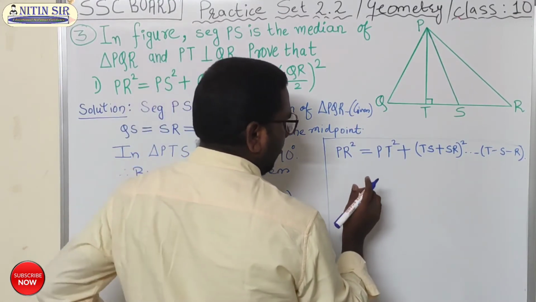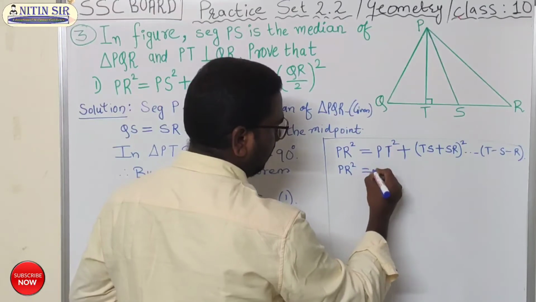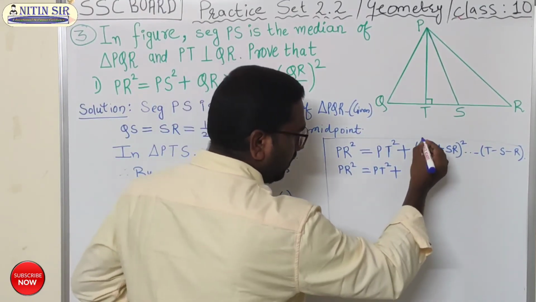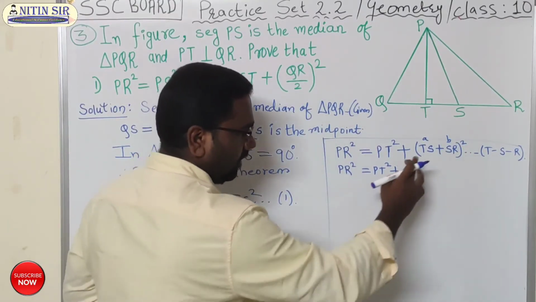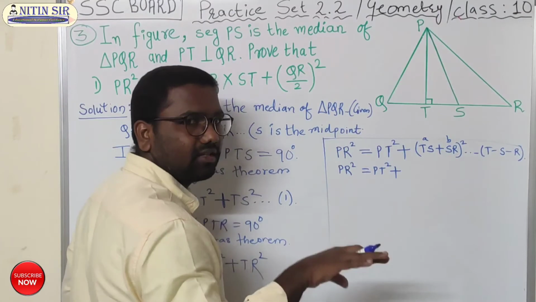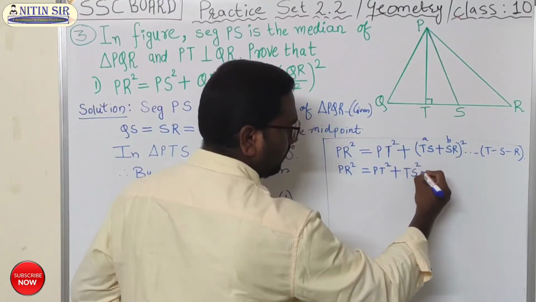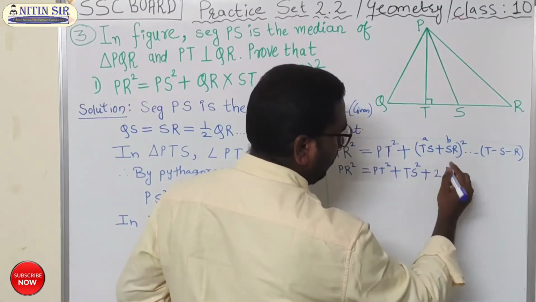Now we'll write PT as it is. So PR square is equal to PT square plus, if you consider this as A and this as B, what it forms? A square plus 2AB plus B square. So A is TS, A square means TS square, plus 2AB, means 2 TS into SR.